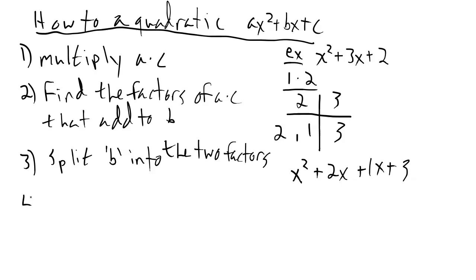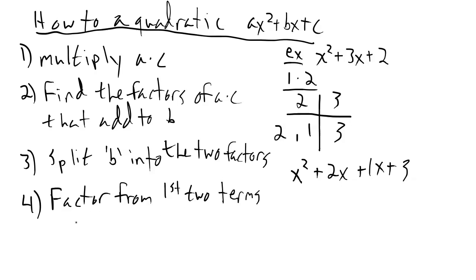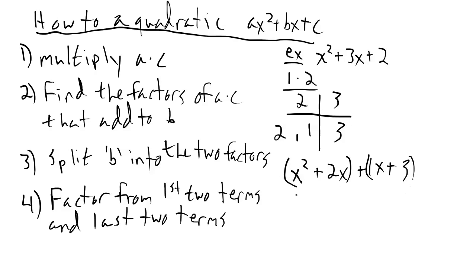Step 4, right? We put these into parentheses and we factor from the first two terms and the last two terms. So we put parentheses around each of these, and we say, well, what is both x squared and 2x divisible by?